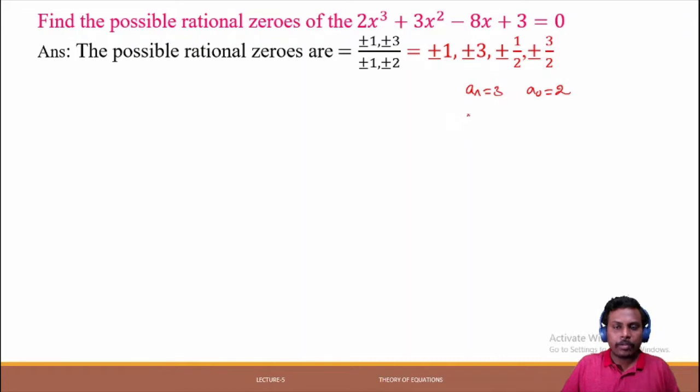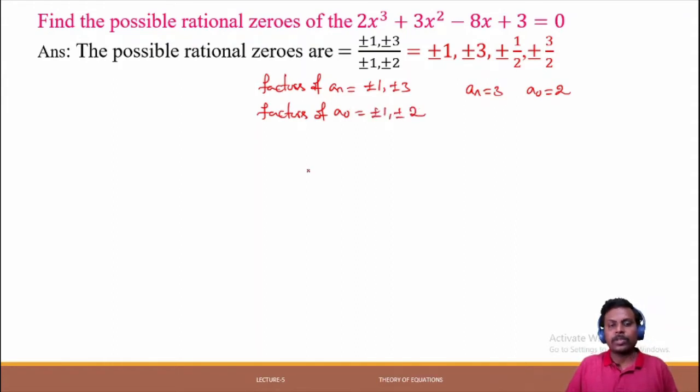The factors of a n are plus or minus 1, plus or minus 3, and the factors of a naught, that is 2, are plus or minus 1, plus or minus 2.